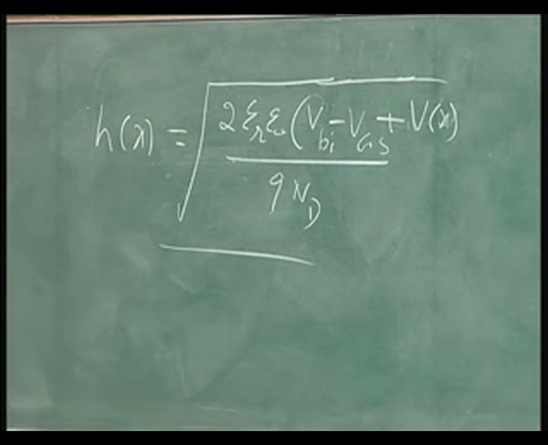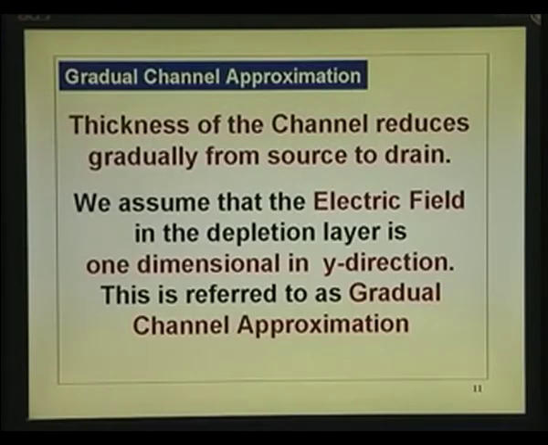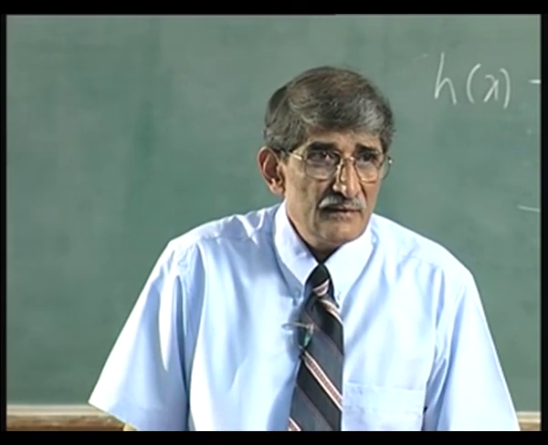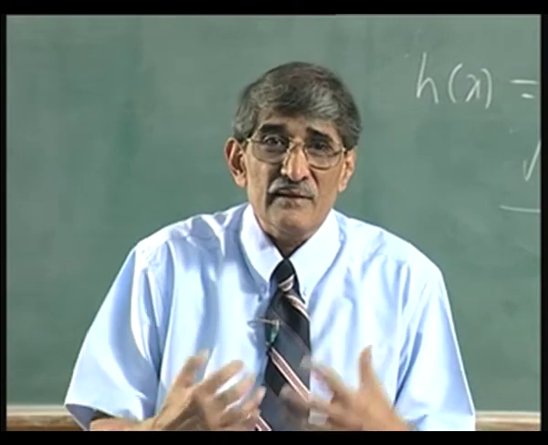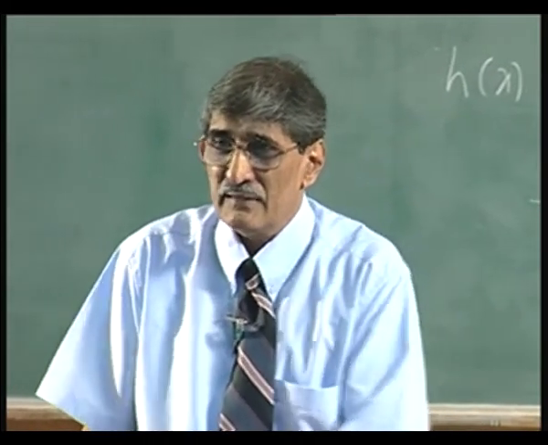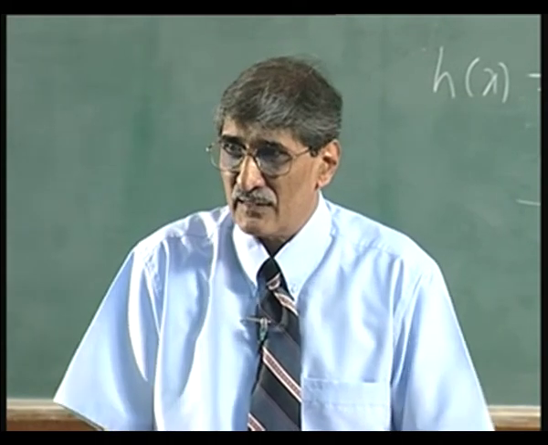That is called gradual channel approximation. The gradual channel approximation is the famous jargon put up by all device physicists, meaning the electric field in the x direction is negligible compared to the y direction electric field. So, you can use one dimensional equations for writing the relation between depletion layer width and the potential across the depletion layer.